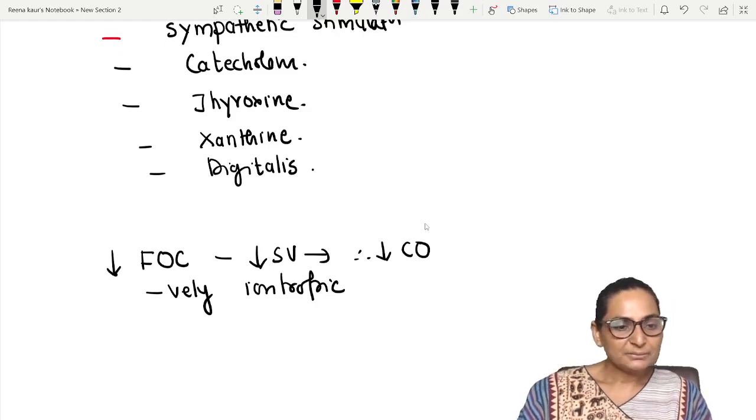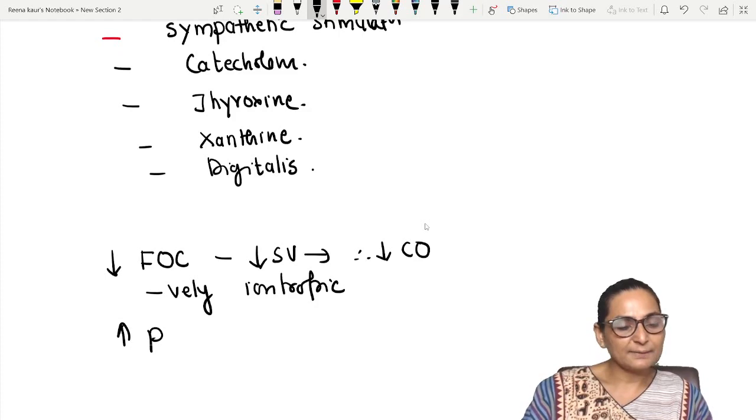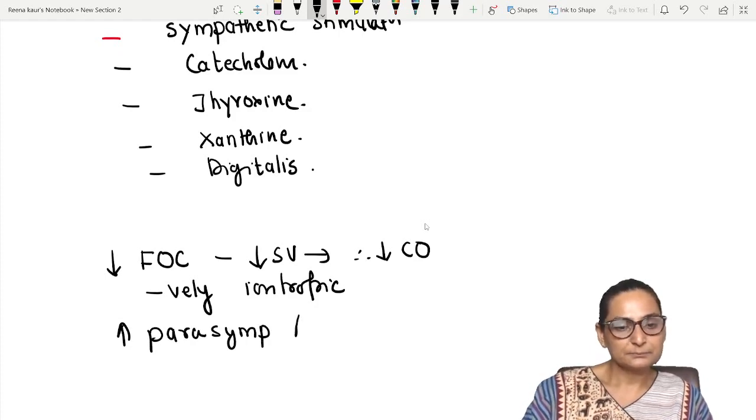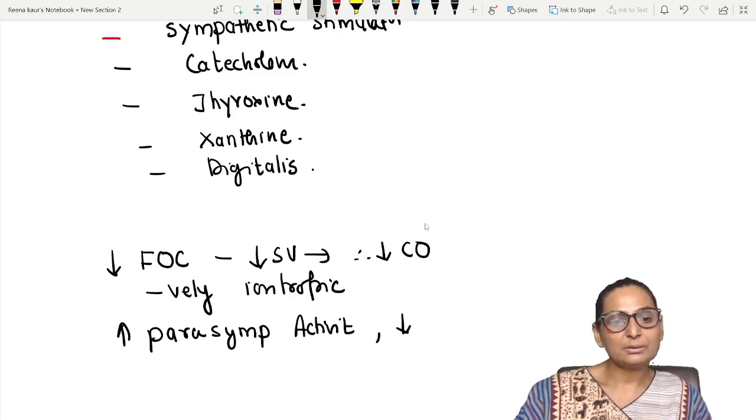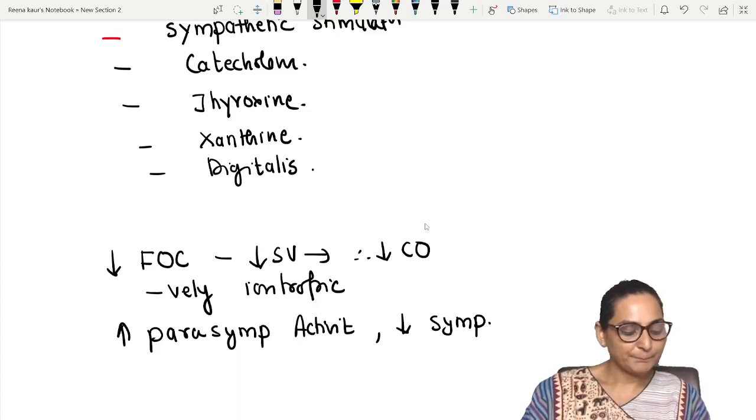are the negative inotropic factors. For example, there is an increase in the parasympathetic activity, or you bring about a decrease in the sympathetic activity.